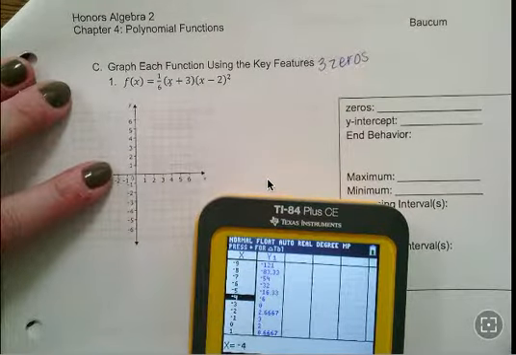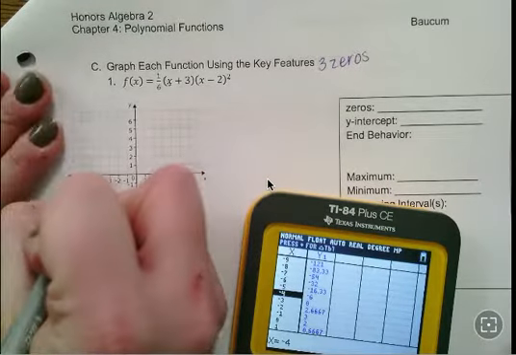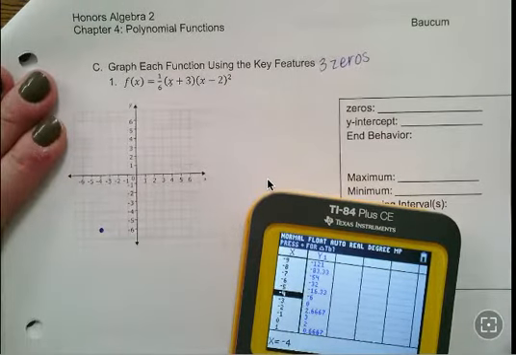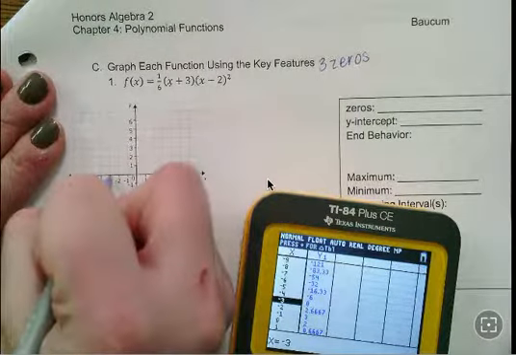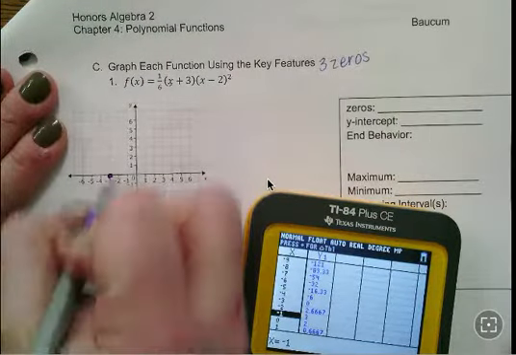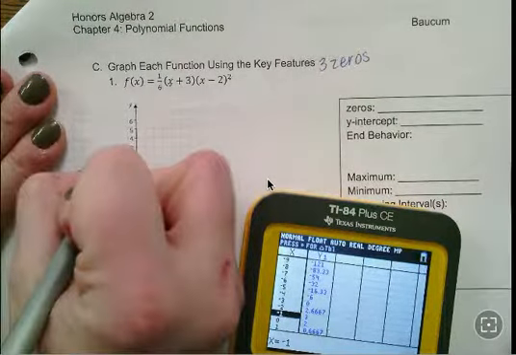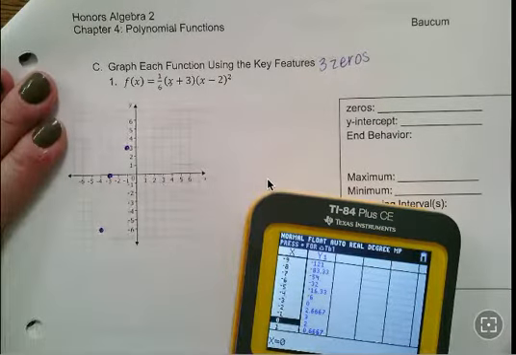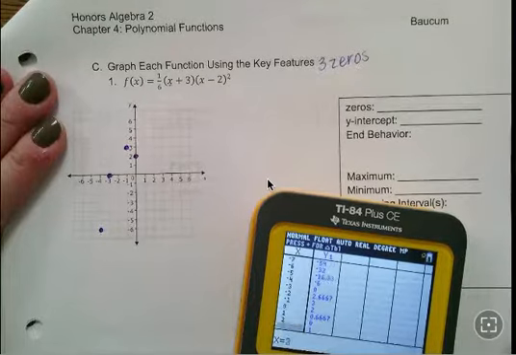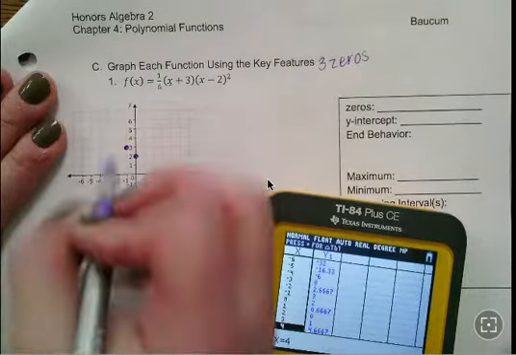And looks like the first one I can plot is (-4, -6). Then (-3, 0). Then (-1, 3). (0, 2). (2, 0).